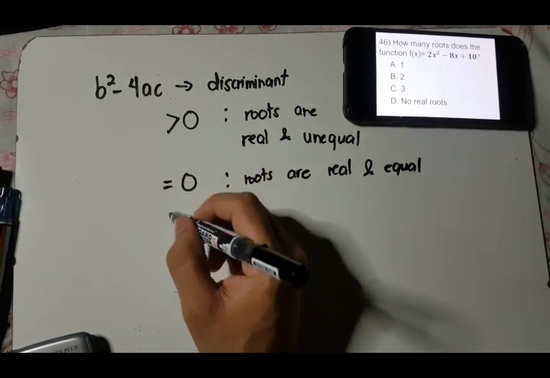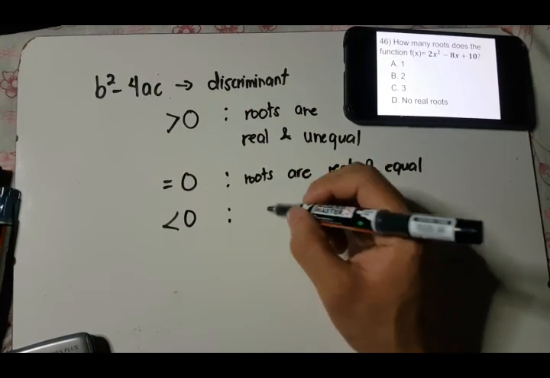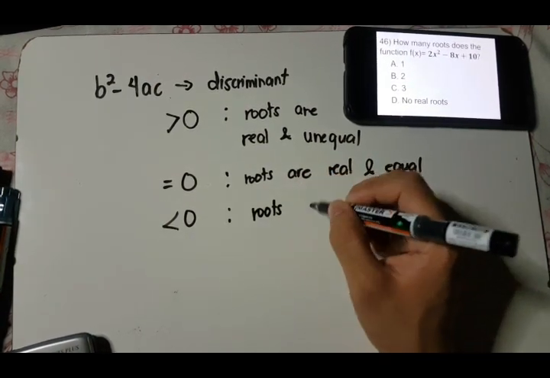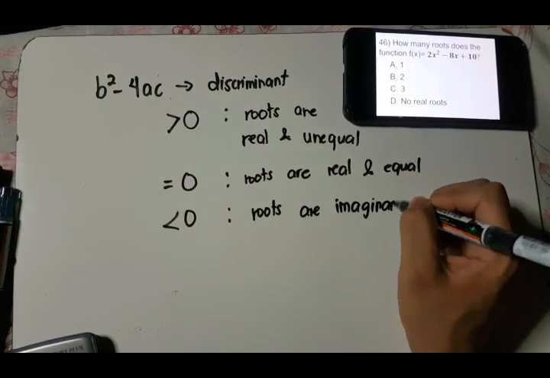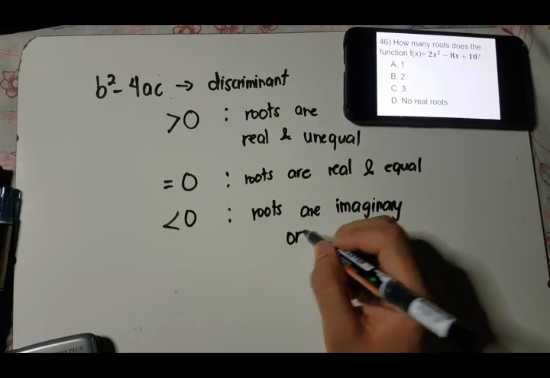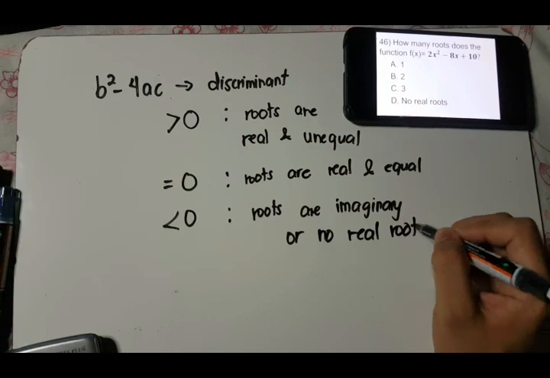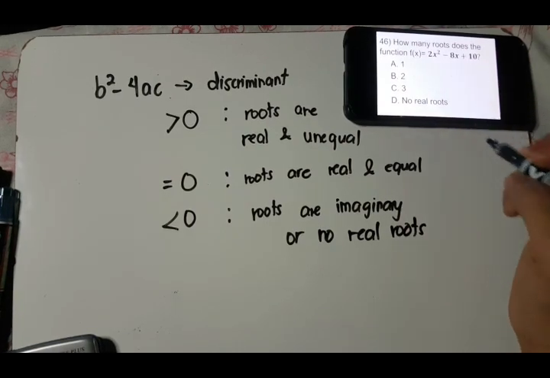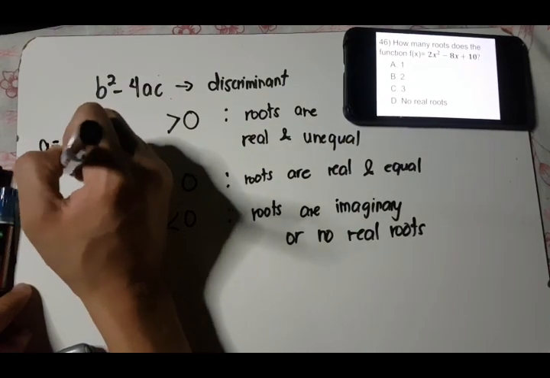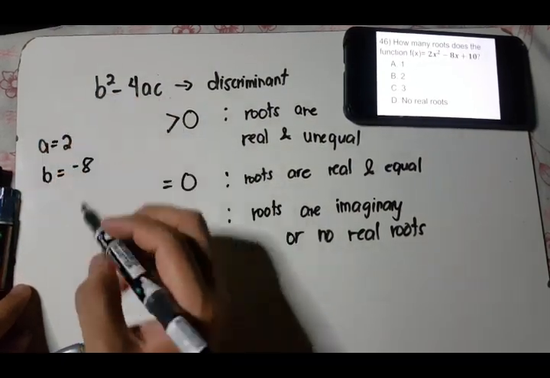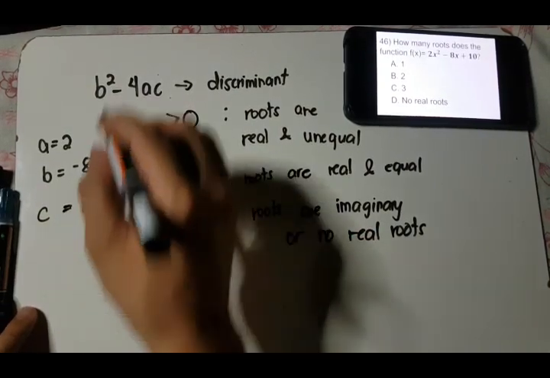Paano naman po kapag less than 0 or negative value yung nakuha nyo? So, roots are imaginary or no real roots. So, try natin gamitin itong equation na ito. So, ang ating A is 2. B is negative 8. C is 10. So, substitute natin siya dito.